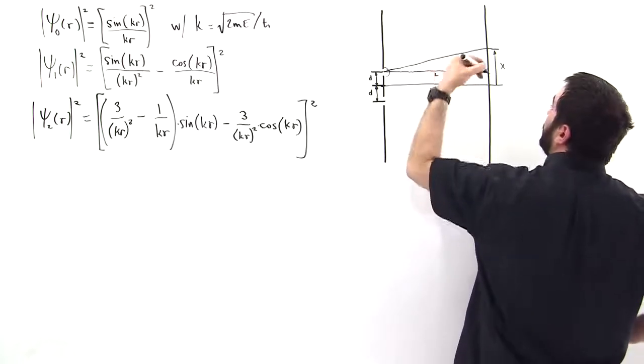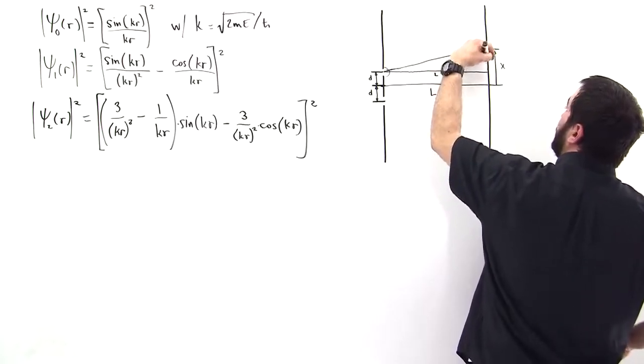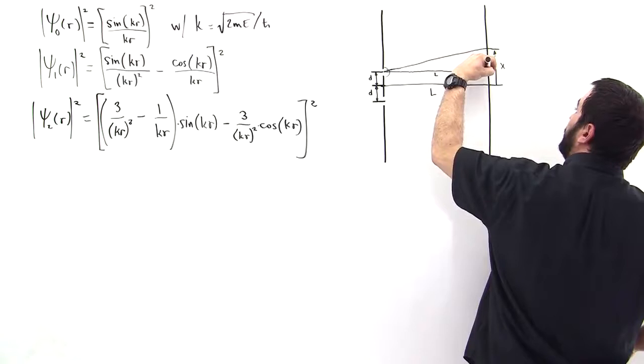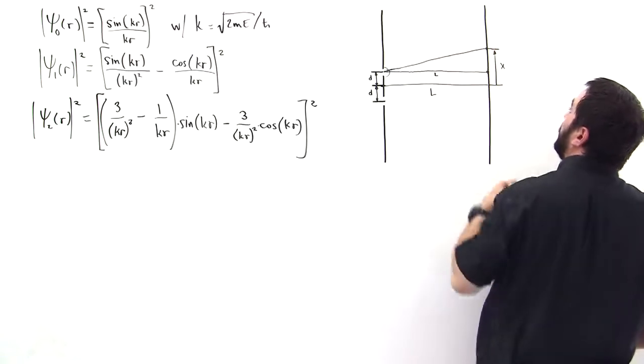What is this length right here, from here to here?